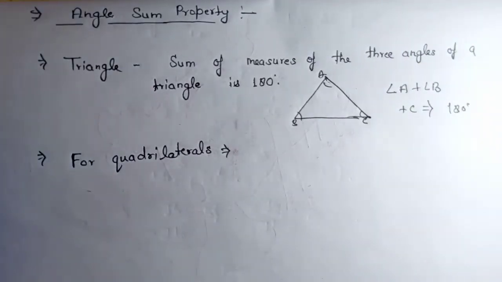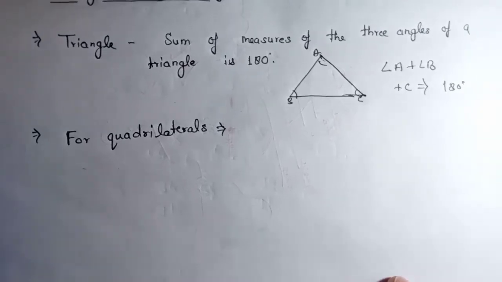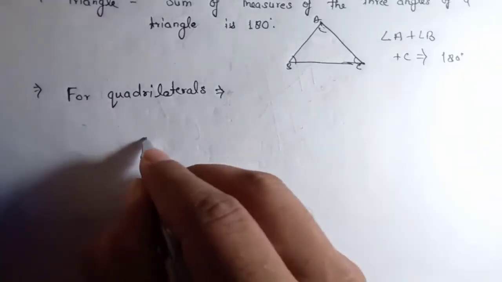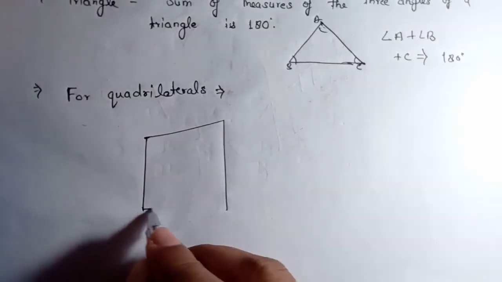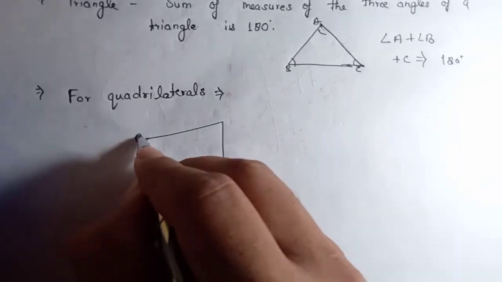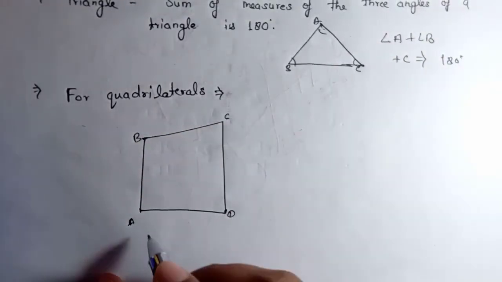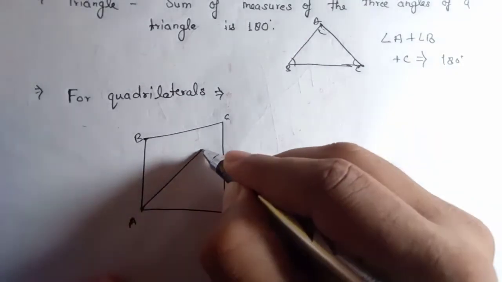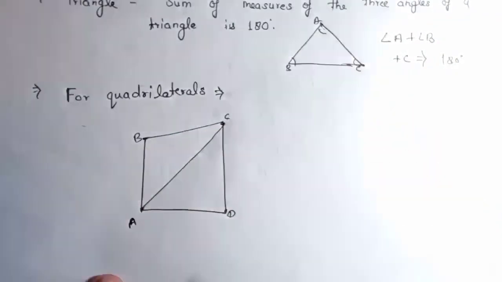What if we extend this idea for a quadrilateral? So we have a quadrilateral here, just a quadrilateral A, B, C and D. Okay, now AC is a diagonal in this quadrilateral.